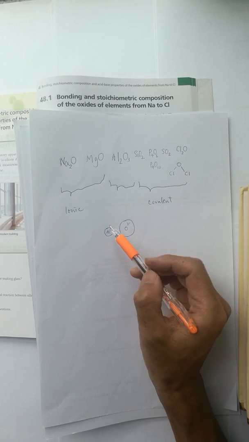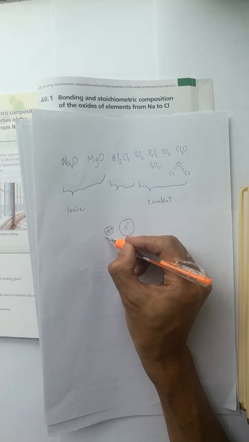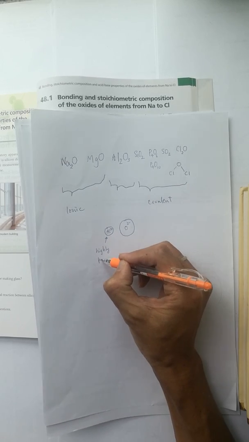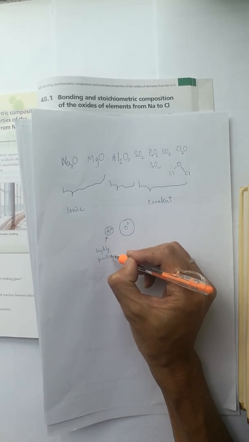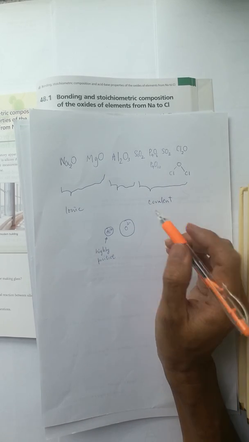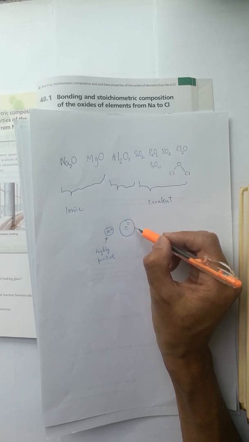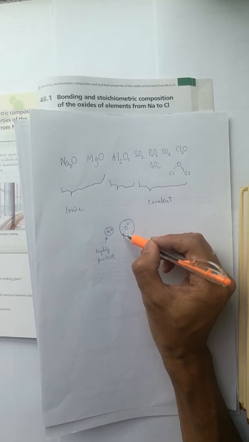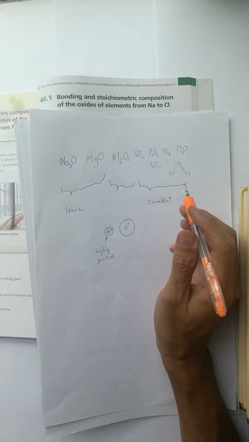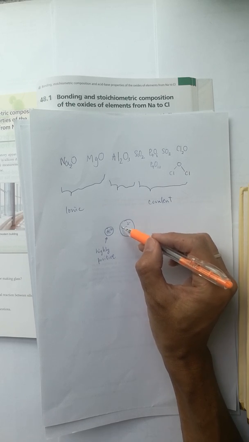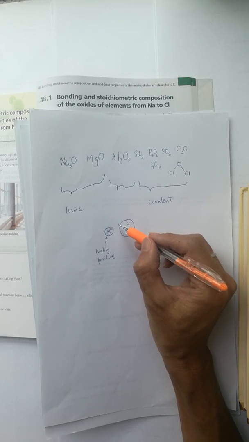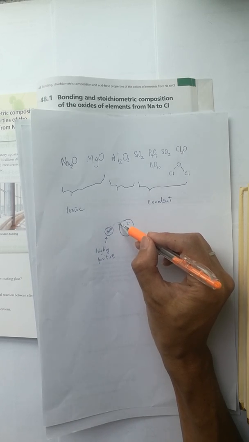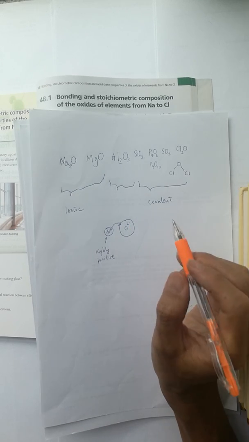We see that the aluminium 3+ is highly positive, highly charged, and for the anion, the outer electron is far from the nucleus, and the neighboring cation has an attraction on the outer electron of the anion.